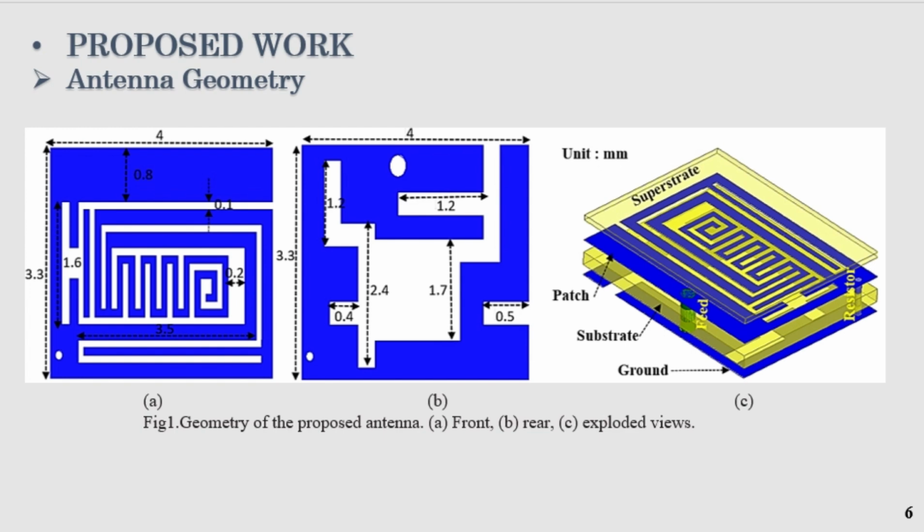Among various available miniaturization techniques, etching slots is the simplest. For the ground, we have used Rogers 10 as the substrate and superstrate.